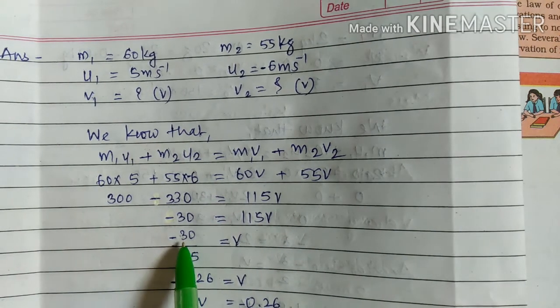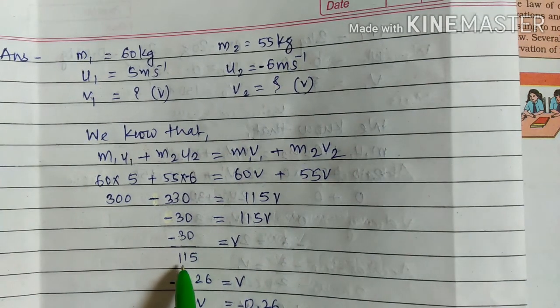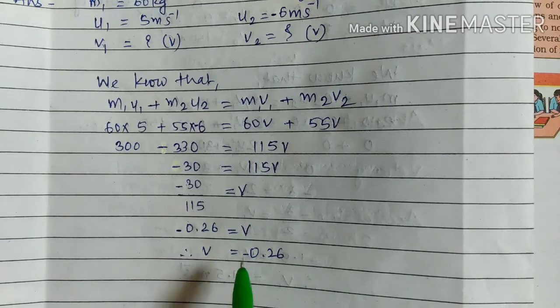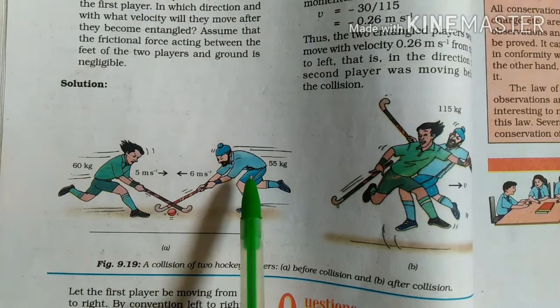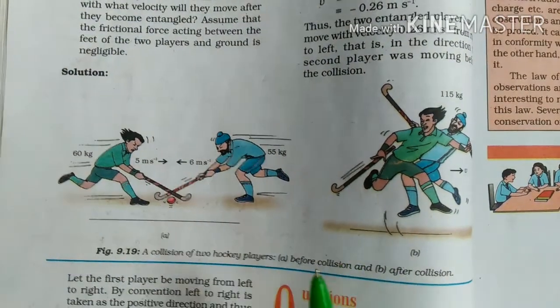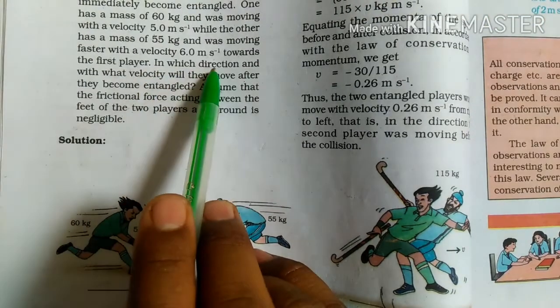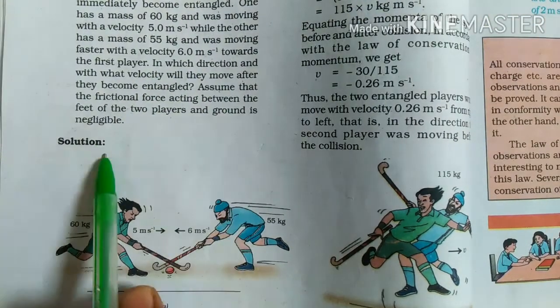When we divide 30 by 115, it becomes minus 0.26 v. It means its velocity is minus 0.26. And we have asked here for direction. The direction is from right to left here. In which direction? Direction is right to left.